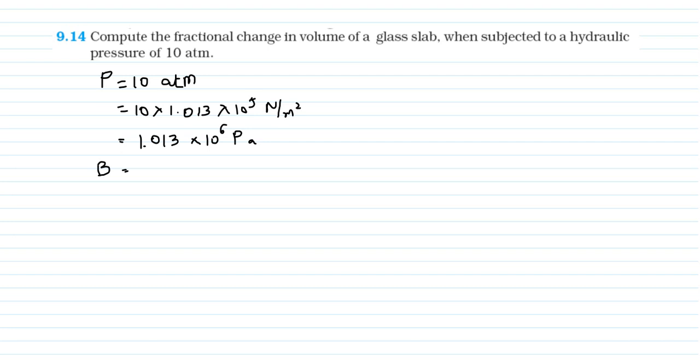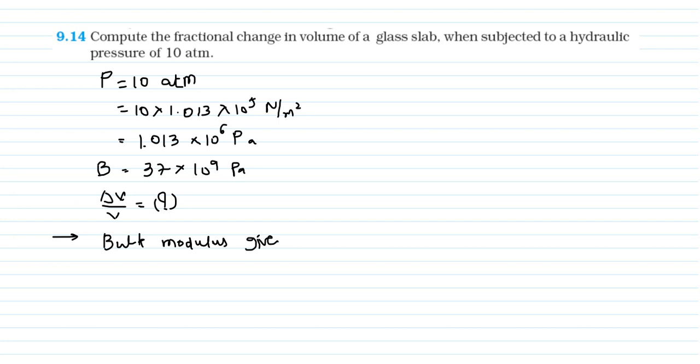Bulk modulus, that you have to remember for this glass, that is 37 into 10 raised to 9 Pascal. You want to find out the fractional change, that is delta V upon V, हमें find करना है.